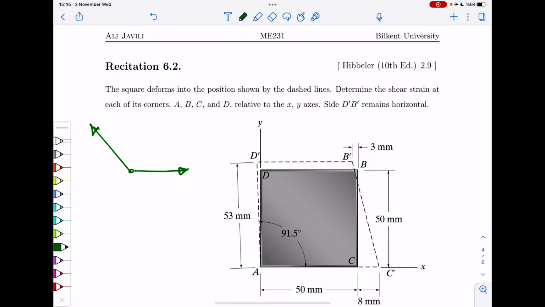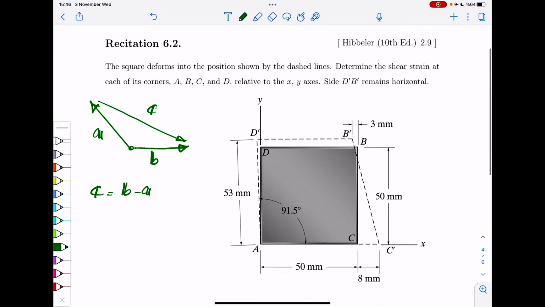Let's say you have two vectors, A and B, and then you are thinking of a vector C in between, like this. If I want to show vector C in terms of A and B, it's going to be B minus A, right? So minus A would be like this, and B minus A is like B plus minus A. So this would be giving you C, right? So that's clear.